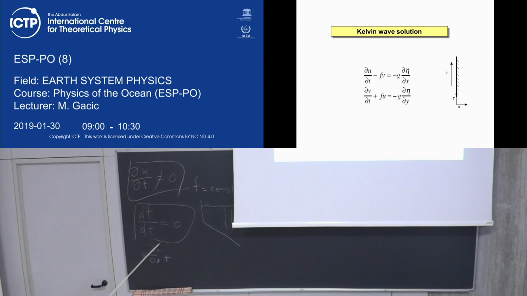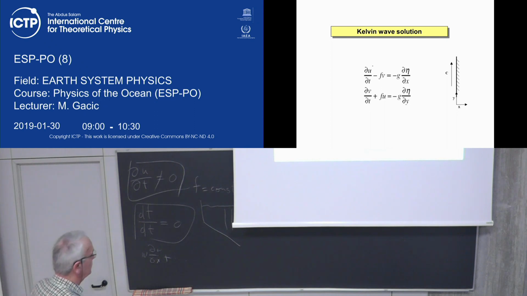And this is how this external force makes the water column change the depth, changing the potential vorticity. So this is the explanation of the physical mechanism which makes the water column move.